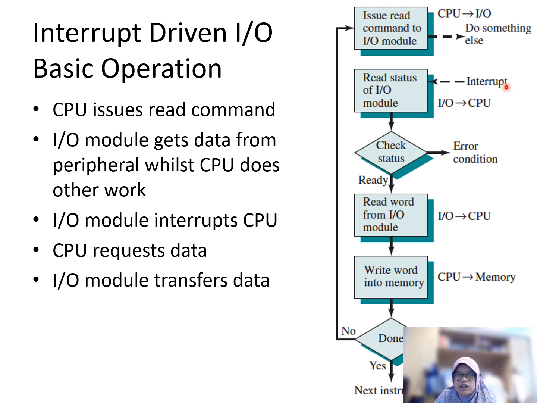Once the data has been read, the I/O module interrupts the CPU. The CPU reads the status of the I/O module to check whether there is an error condition or whether it is ready. When the CPU requests the data, the data is read from the I/O module and transferred to the CPU. The CPU then writes the word into memory. If that is done, it asks again from the I/O.